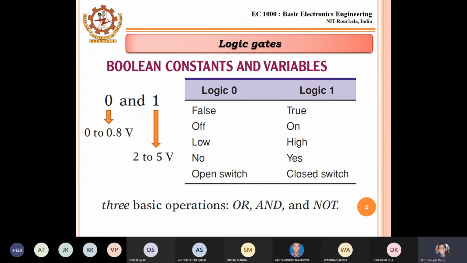It is at research level, so we are not considering that. In the very basic concept, all the Boolean variables or constants can be expressed in terms of either 0 or 1. Only two notations, no other logic. If you get any other extra logic, then it will not be a basic Boolean constant or variable.